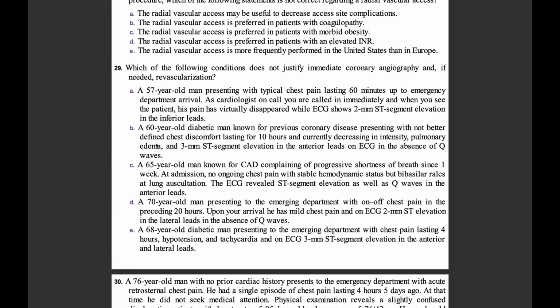Primary PCI should be performed with a goal of first medical contact to device activation of less than 90 minutes. Meaning if the patient presents less than 12 hours after onset of symptoms, from when the patient arrives at the PCI-capable hospital, the procedure should be done in 90 minutes or less after arrival at the hospital.